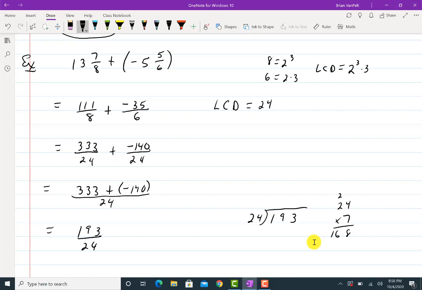There's 7 times 24. Let me do 8 times 24. Ooh, nice. 8 goes into there almost exactly. So we end up with 8 and 1 over 24.